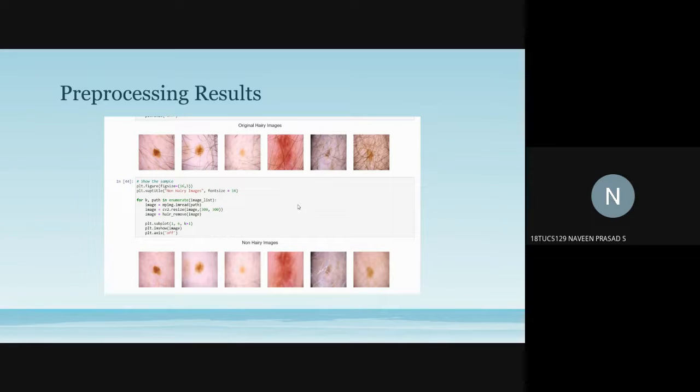So we thought to remove these hairs with a certain morphological change, which gives a better view of the lesions, so the model can train better and work better in the real world. Here we show side by side how it was originally a hairy image, and at the bottom you can see how the hairs were removed. Next slide.